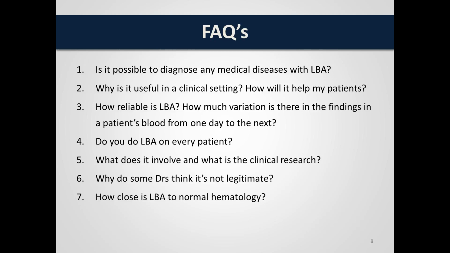The fact that we're looking at live blood makes a very big difference. In conventional hematology, the blood is drawn from a vein, it's placed in a test tube with an anticoagulant. The blood is then sent off to a laboratory where a different technician will actually look at the blood under a microscope.